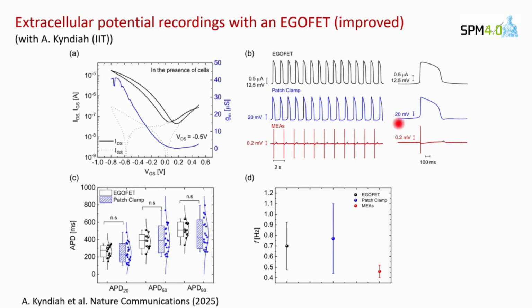The reason is that this is what is called a field potential, the extracellular potential only. This is an intracellular potential. And apparently the transistor is recording something which is closer to an intracellular potential, even if we are not penetrating the cell membrane, apparently. Okay. So this is the main result that was obtained by using this type of technology.